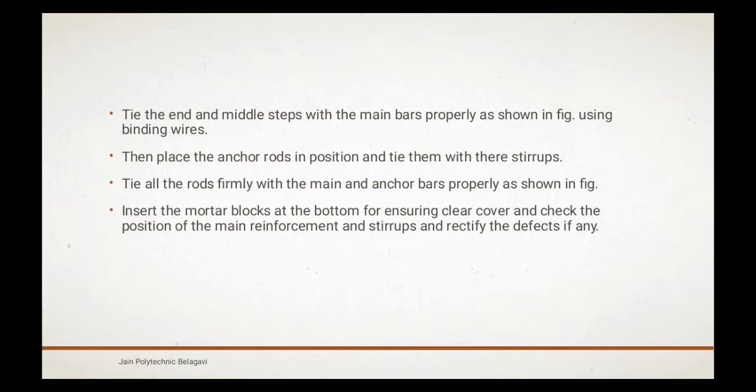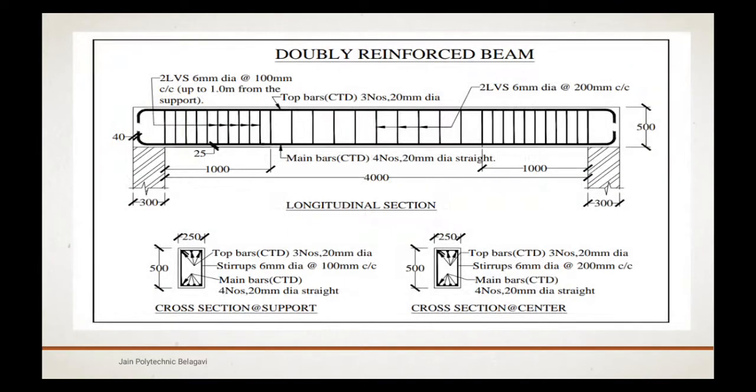Then place the anchor rods in position and tie them with the stirrups. Tie all the rods firmly with the main and anchor bars as shown in the figure. Insert the mortar blocks at the bottom for ensuring clear cover and check the position of the main reinforcement and stirrups, and rectify the defect if any. So that is the procedure.